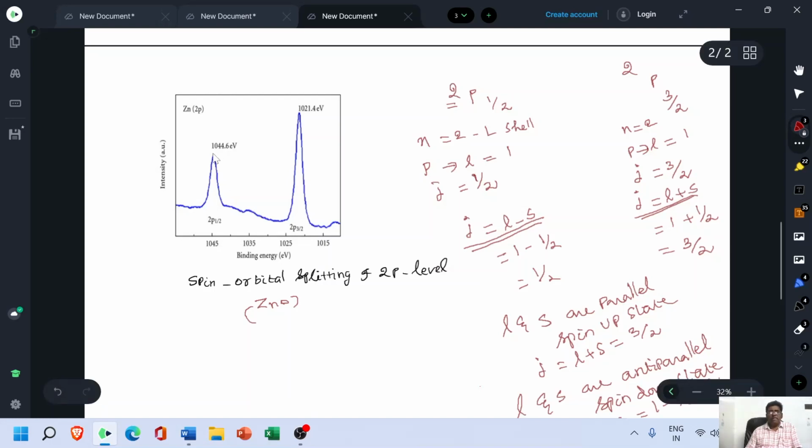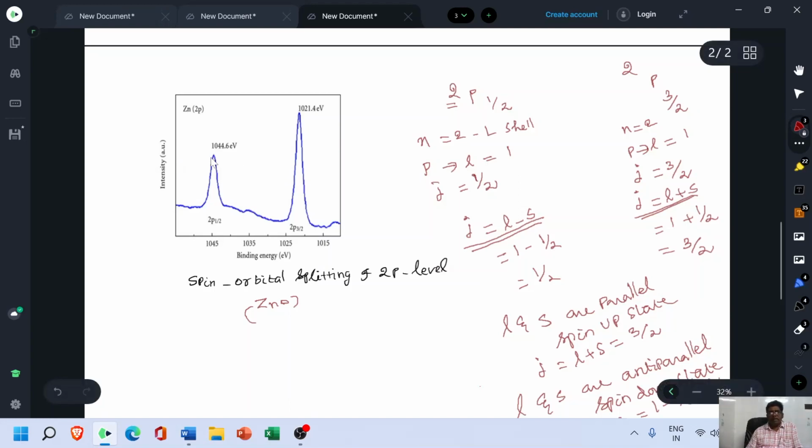Therefore, if you concentrate on the intensity, the intensity corresponding to the spin down state is lesser than that corresponding to the spin up state. The electrons with the spin up state are coming out more in number, but electrons with spin down state are coming out in lesser number.